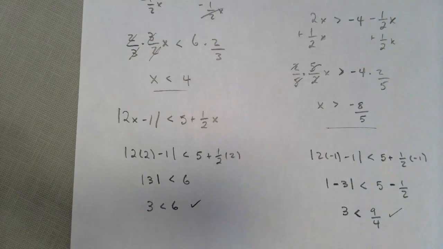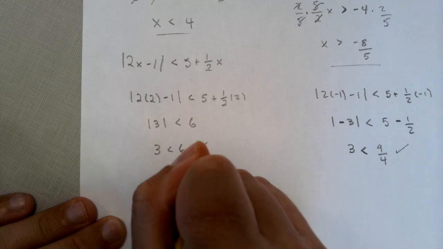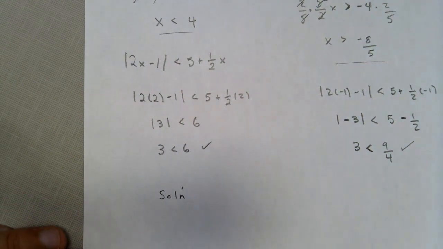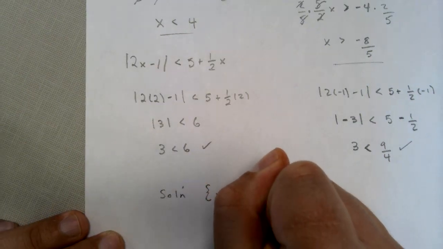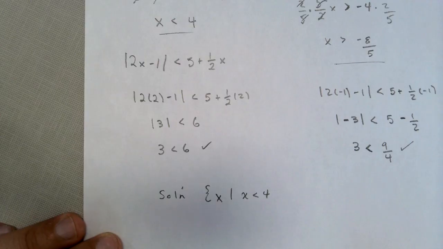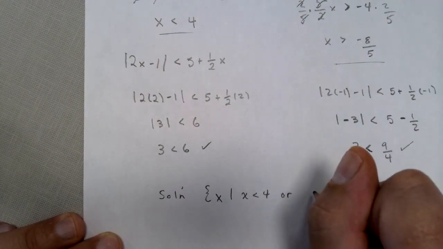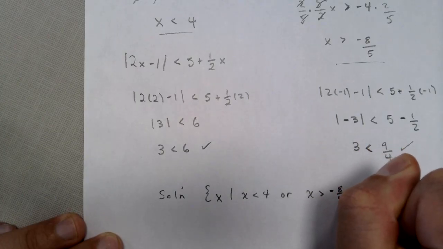So here our solution. We write our solution in set builder notation. So it's the values of x such that x is less than 4 and x is greater than negative 8/5.